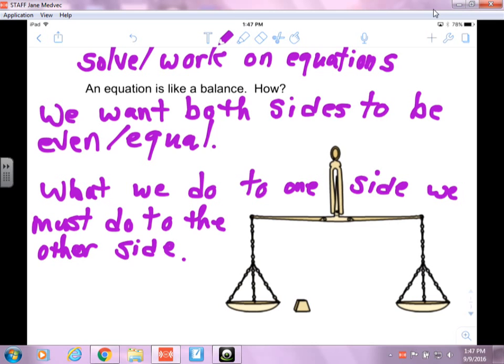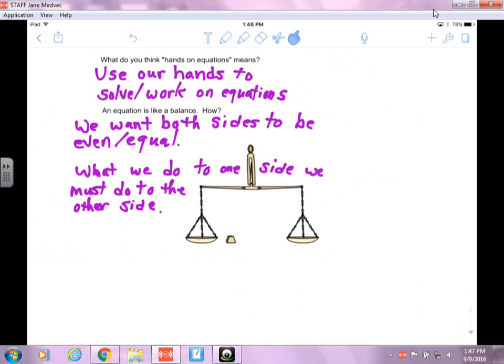Okay, and that's really important. And you've probably seen that before. If I add 5 to both sides, you gotta do it to both. Can't just do it to one. If I take it from one side, I'm gonna take it from the other. Okay? Questions on this? Excellent. Okay.